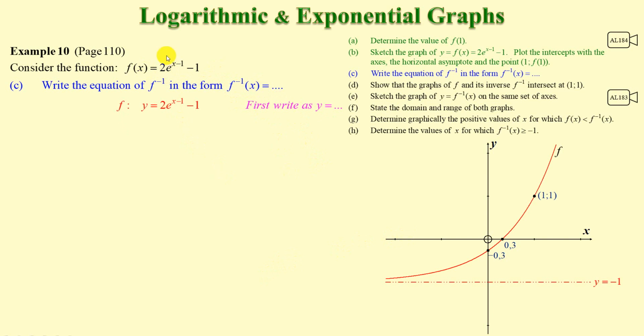There we are. That's that equation with y equals. Now we're going to swap the x and y, and we're going to solve for y. Same process. We're first going to solve for e to the y minus 1, go to log form and solve for y.